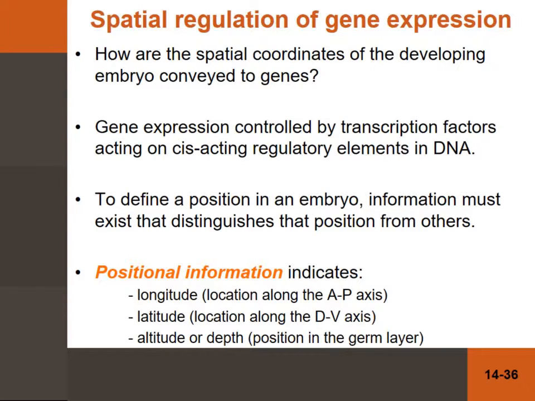So in order to define a position in an embryo, information must exist that distinguishes that position from others. This positional information indicates longitude, that is the location along the AP axis, latitude, which is the location along the DV axis, and altitude or depth, that is the position within the germ layer of the embryo.